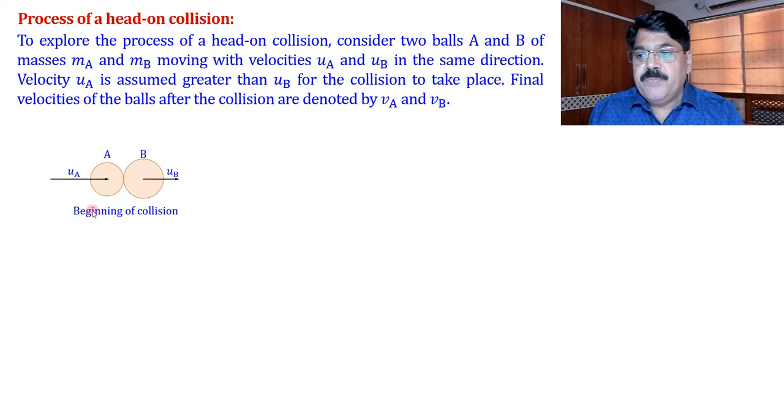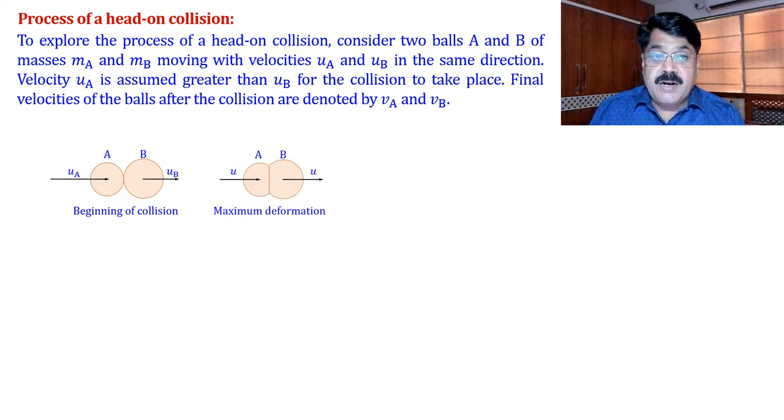So here you can see these two bodies. Here uB is assumed smaller than uA, so that collision will occur. When the bodies make contact, we say it is the beginning of collision, when interaction between the bodies starts. That short-duration interaction is called collision. And when interaction starts, because of the interaction forces, these bodies will get deformed.